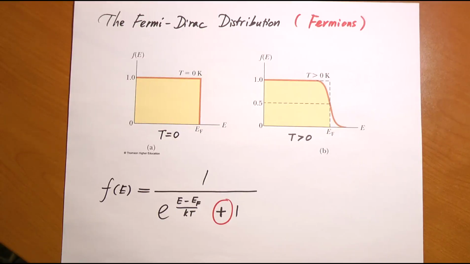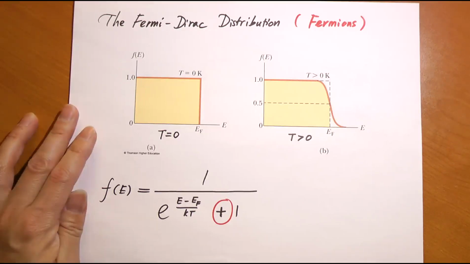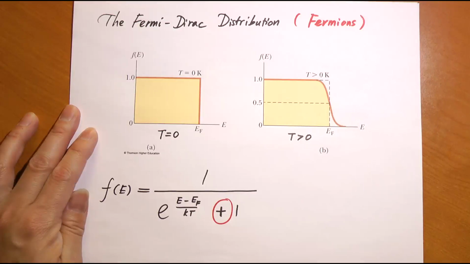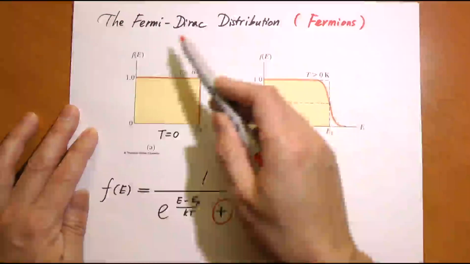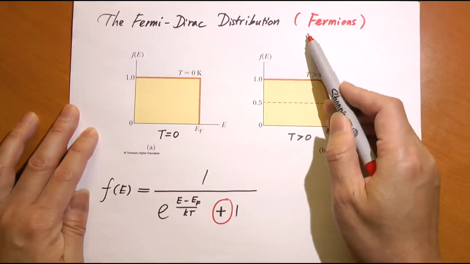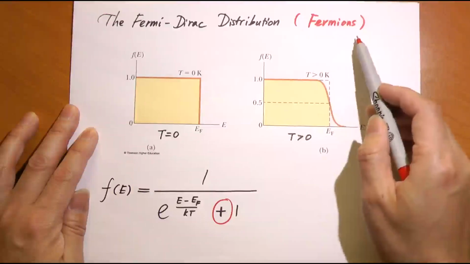But if T is low enough, which we'll qualify later, then meaningful collisions can take place, but they cannot take place on a large scale. In order to make our calculation of the occupation probability of any state more accurate, we should look at what's called the Fermi-Dirac distribution. This is the distribution for all fermions.